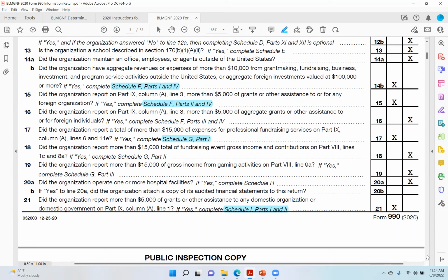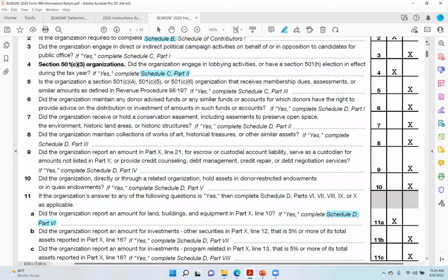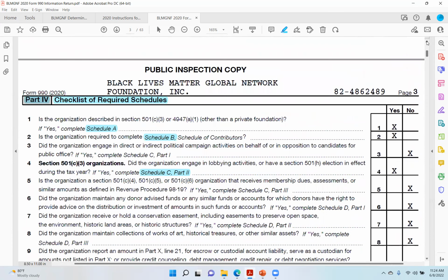And then finally, Schedule I. You can see they're going in alphabetical order. Schedule I, Parts 1 and 2. So these are the schedules that are supposed to provide additional information for us, the public, to review regarding what each schedule relates to. Remember, I went to irs.gov.